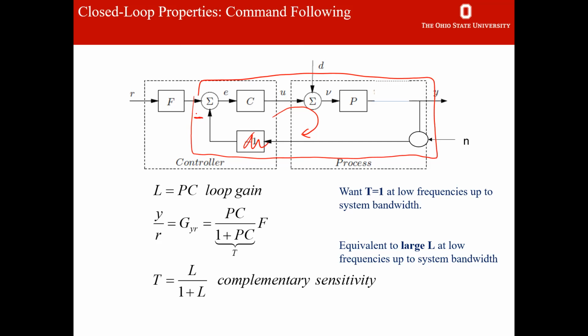I'm going to multiply all the transfer functions in that loop, including, if I have something here, that also. Now that's going to be C times P. If I had an H here, there would also be an H. But in my case, H is equal to 1, so this one I call the loop gain. It's the gain of all transfer functions dynamically within my loop.